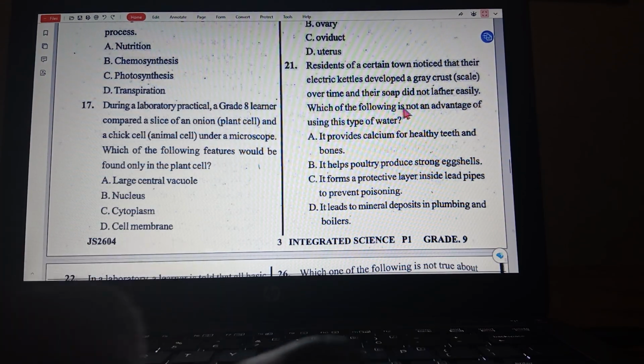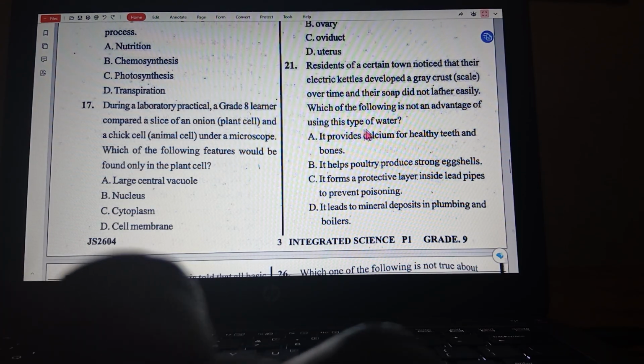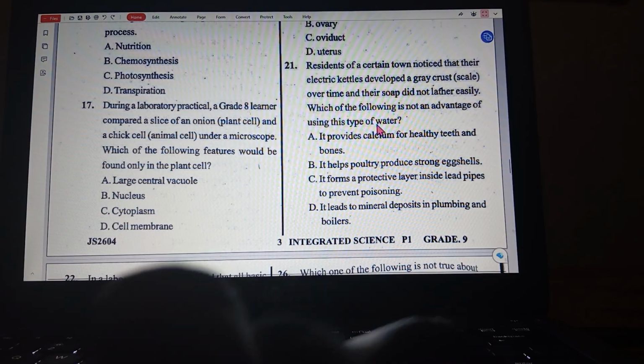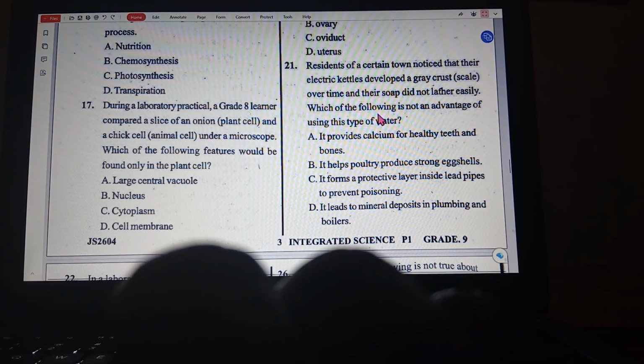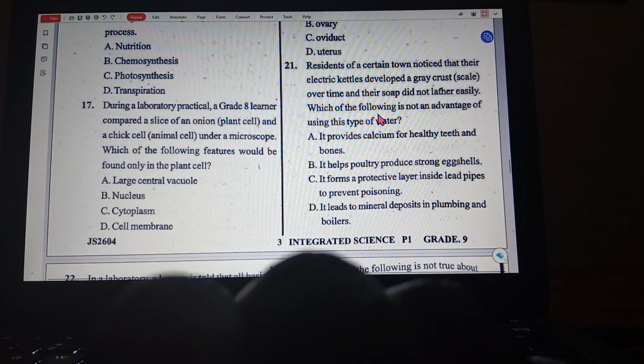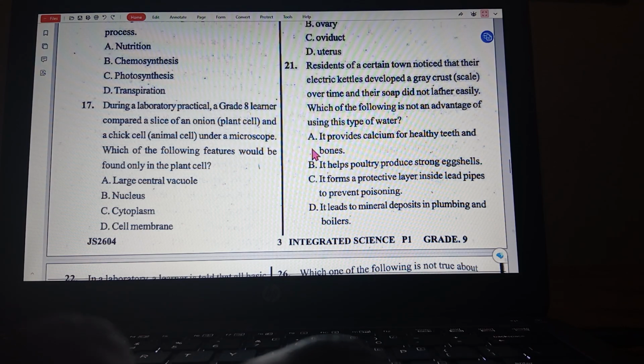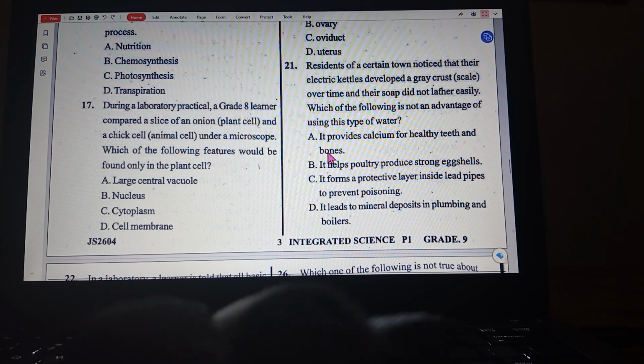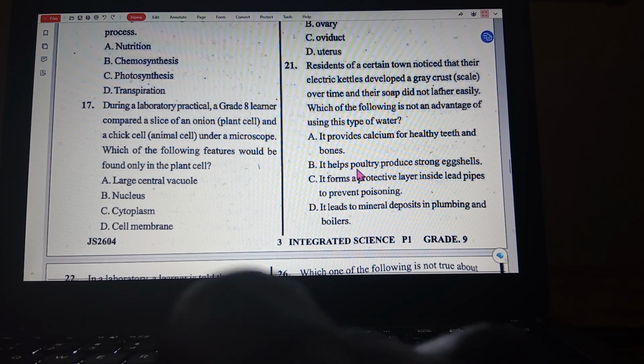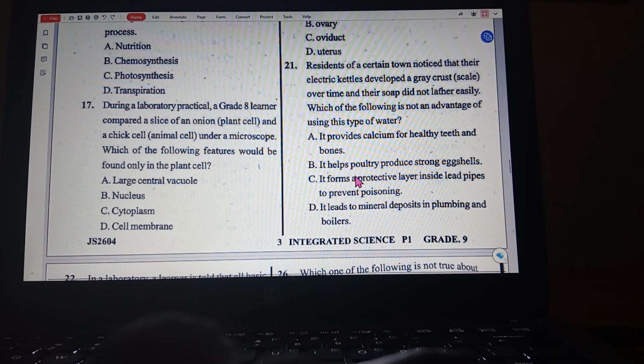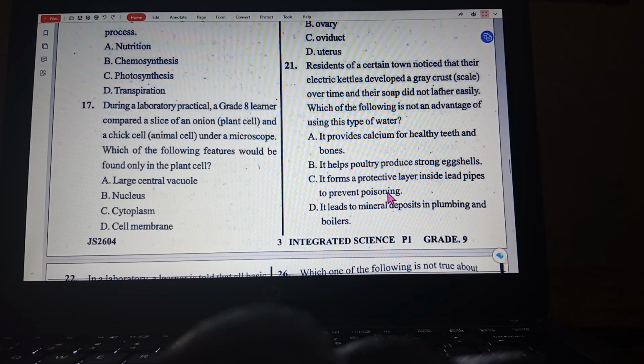Now, which of the following is not an advantage of using this type of water? In short, which one of the following is not an advantage of hard water? It provides calcium for healthy teeth and bones. Yes, that is an advantage. It helps poultry produce strong eggshells. That's an advantage. It forms a protective layer inside lead pipes to prevent poisoning. That is an advantage. It leads to mineral deposit in plumbing and boilers.